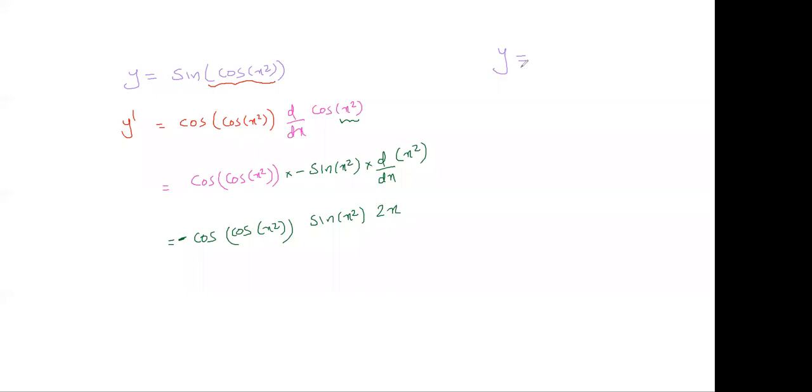Say y is equal to tan of 2x plus 3. You do not always need to write step by step the derivative of cos x square, derivative of x; you can answer in one step. So y dash, that is dy by dx: the derivative of tan x is sec square x. So it is sec square of 2x plus 3, which we considered as a single term. Now we multiply with the derivative of 2x plus 3. The derivative of 2x is 2, and the derivative of 3 is 0, so that is 2.